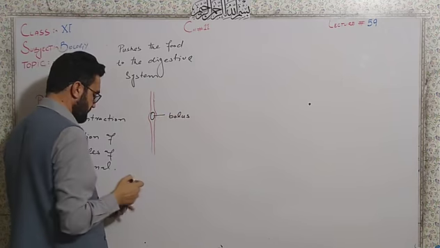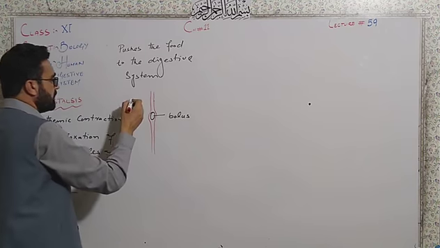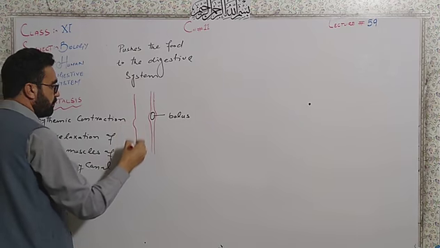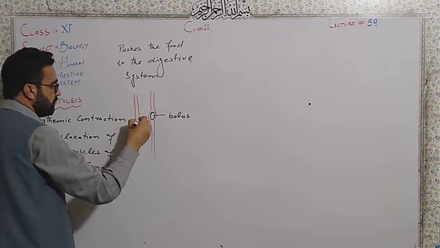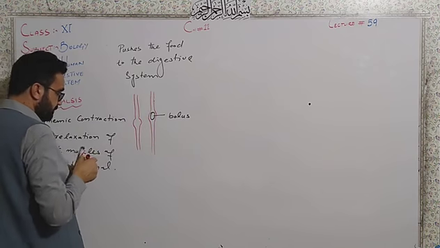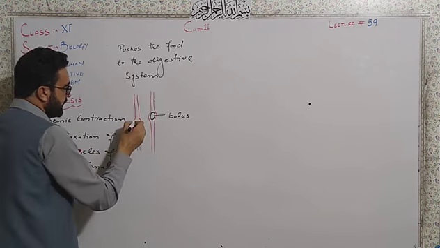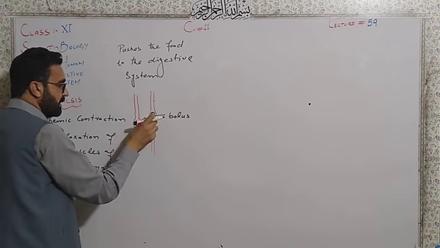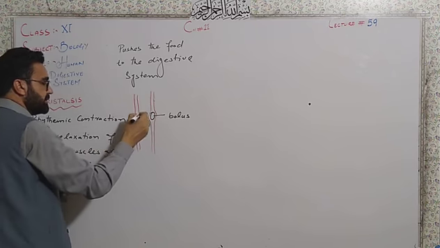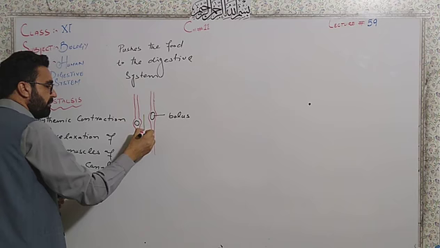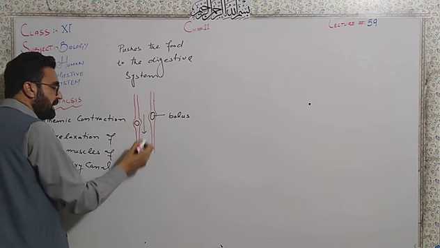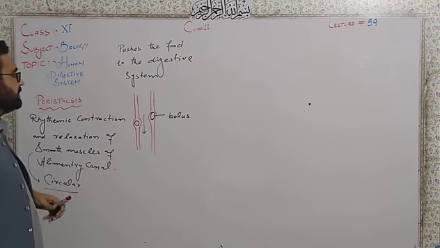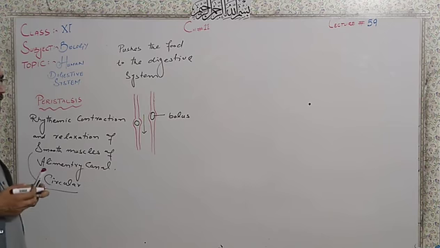In the next phase, the bolus is moved down because now this part is relaxed and this part is contracted. Contraction and relaxation create a wave-like movement, and that wave-like movement leads the food towards the lower parts of the digestive system. This is very important for the movement of the food.